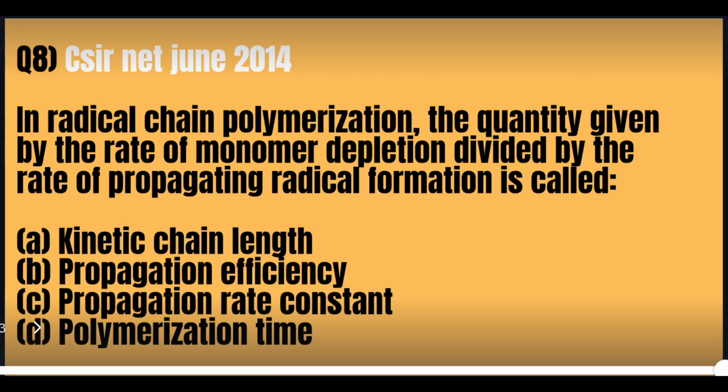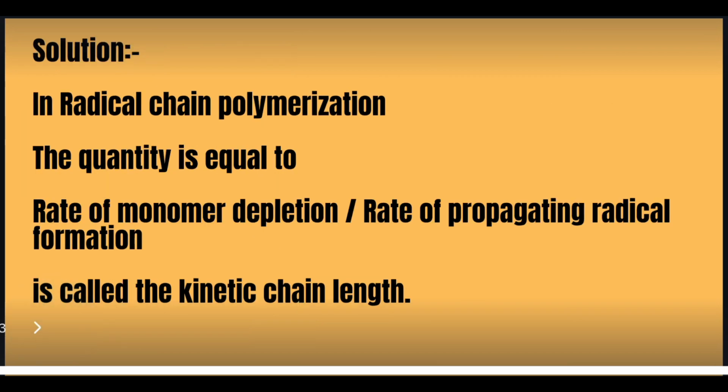This was asked in CSIR NET June 2014. In radical chain polymerization, the quantity given by the rate of monomer depletion divided by the rate of propagating radical formation is called option A kinetic chain length, option B propagation efficiency, option C propagation rate constant, and option D depolymerization time.